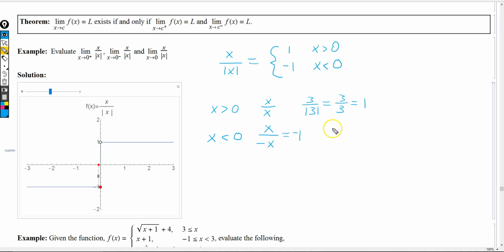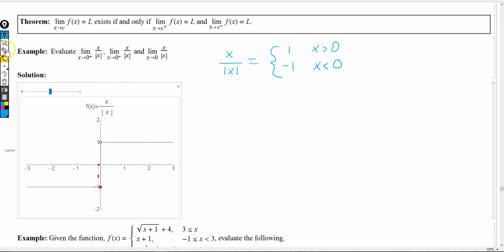For example, -3 divided by the absolute value of -3, well, that's -3 over 3, and well, that's -1, you see. All right. So that's why we have 1 and -1 here. This was 1 right here as well. Okay. Now let's answer these 3 limits.